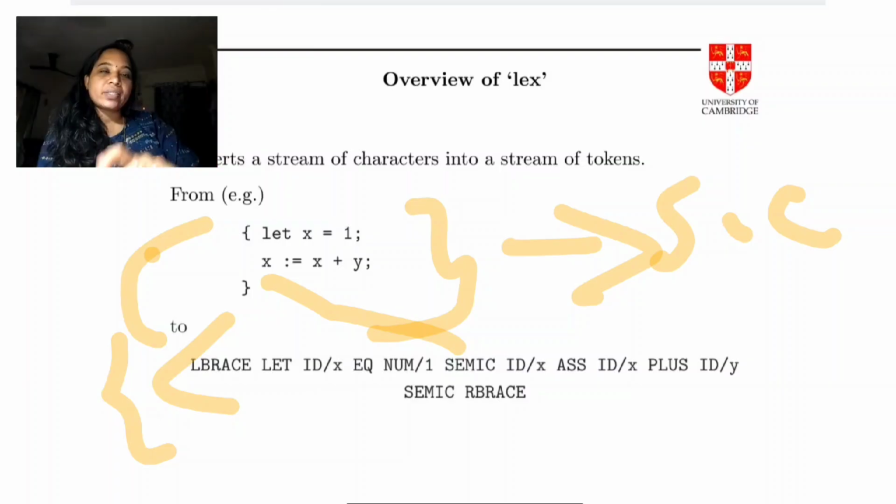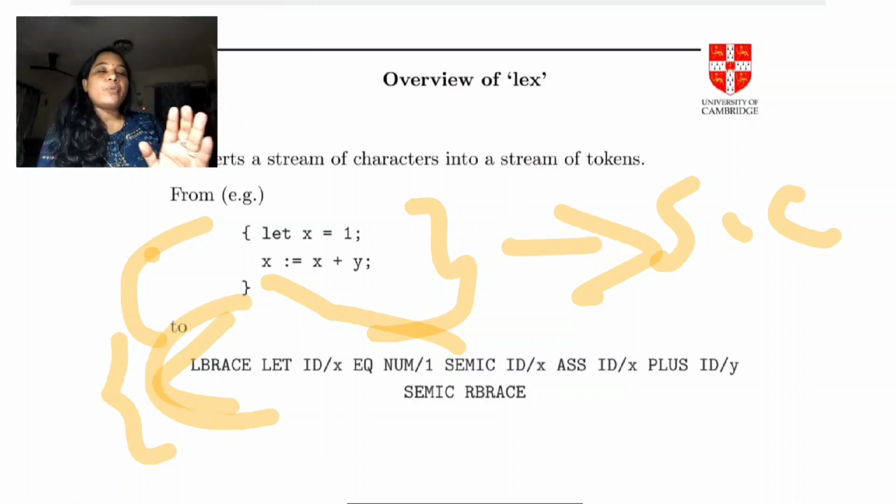So id x and then id y. Next, semicolon, right brace, right bracket. So we can write this code. The computer can understand this type of tokens.